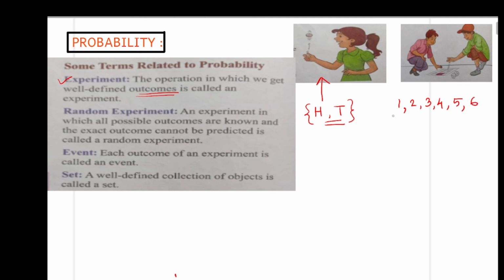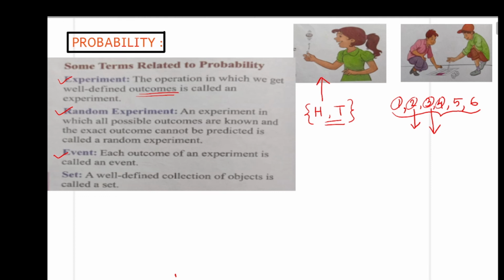We know we will get one of these six, but exactly we can't say whether we will get only 2 or only 3. That we cannot predict. That is called a random experiment. And the third term is event. Each outcome of an experiment is called an event. All are called events.